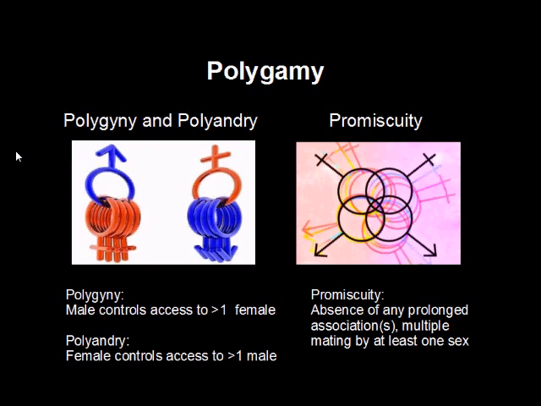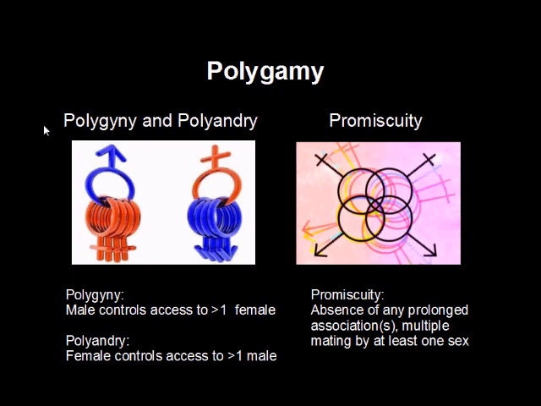So the male is controlling access to more than one female. Versus in polyandry, you have one female, many males. The female is controlling access to more than one male. And when we think about polygamy, we tend to think about polygyny, with males controlling access to more than one female.